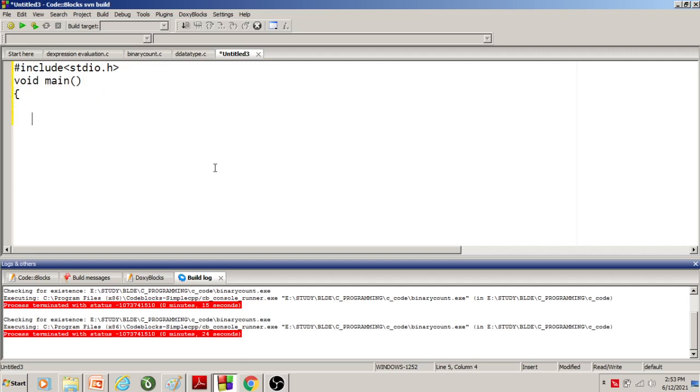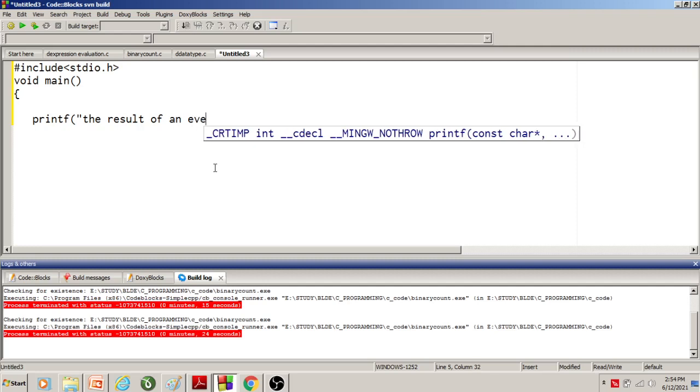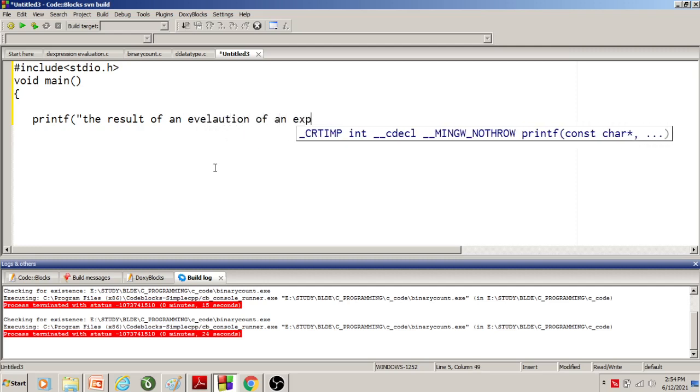Here I just write a printf statement: "the result of an evaluation of an expression is %d \n" double quote complete, comma. Here I write an expression. Okay, here I just insert that particular expression.